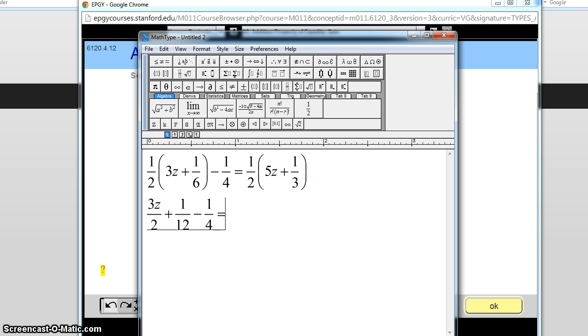And that equals, you distribute this 1/2 to the 5z, so we get 5z over 2. And then plus, you multiply 1/2 and 1/3, that's 1/6. Okay. So now you can see we need common denominators.